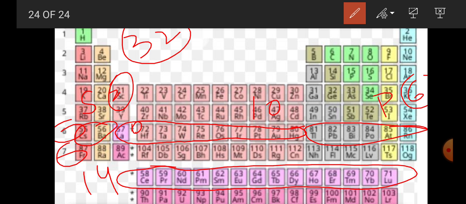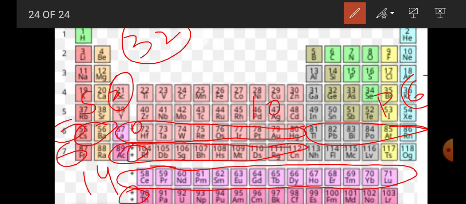Then the 7th period also consists of 2 S orbital elements, the P block consists of 6 elements, and the transition metals consist of 10 elements, and for the remaining, you can see on your screen the 2 stars, and also at the bottom of the periodic table the 2 lines.